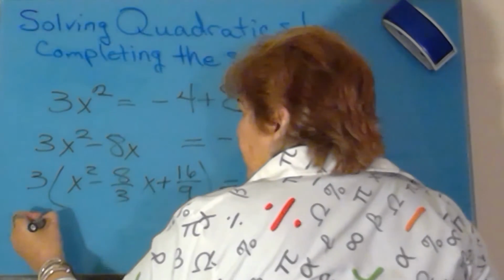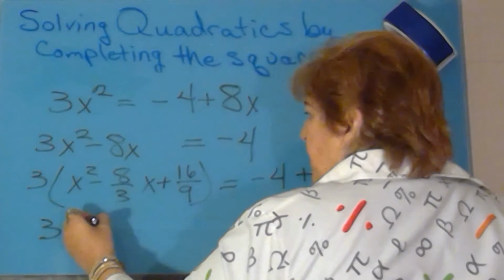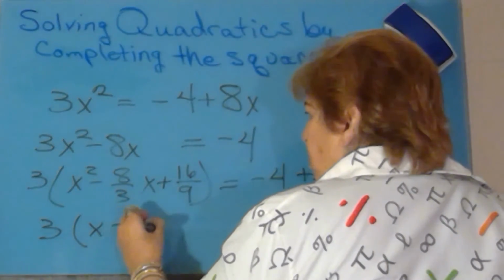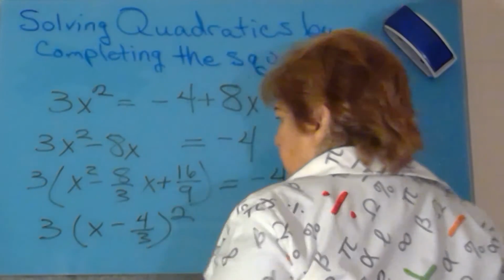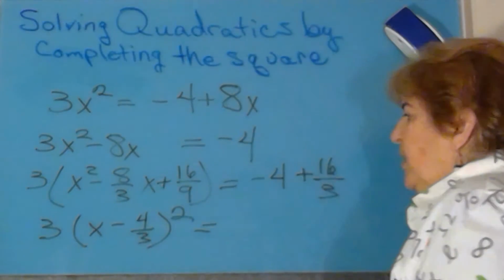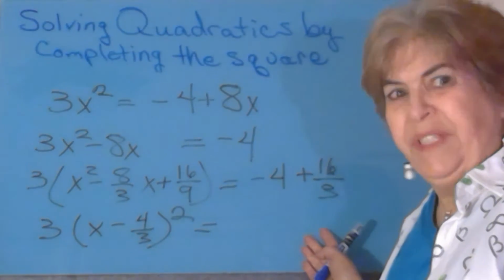So here I have 3 times x minus 4/3 squared equals, what's that going to give you?